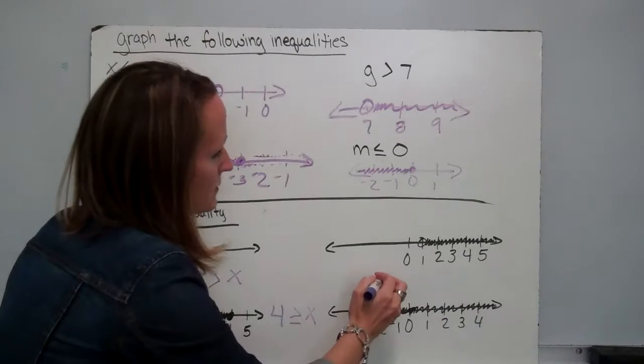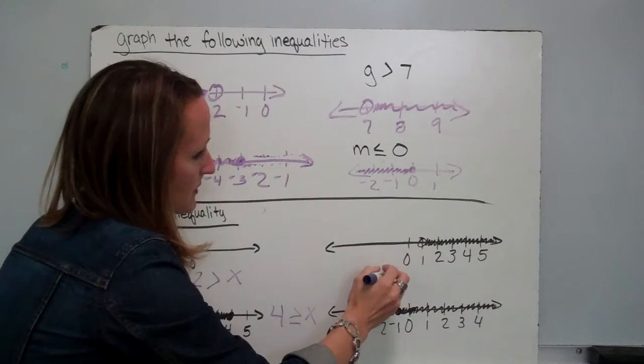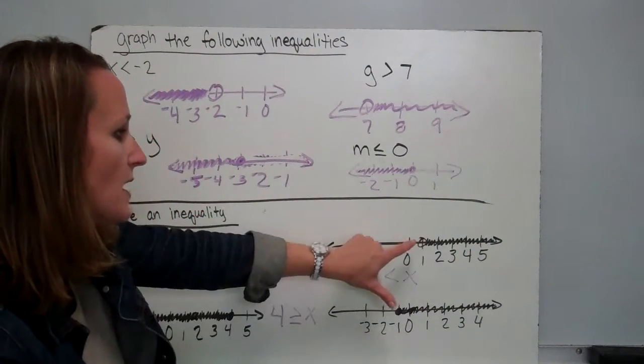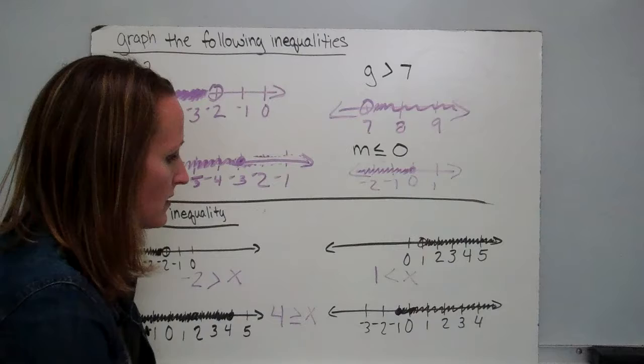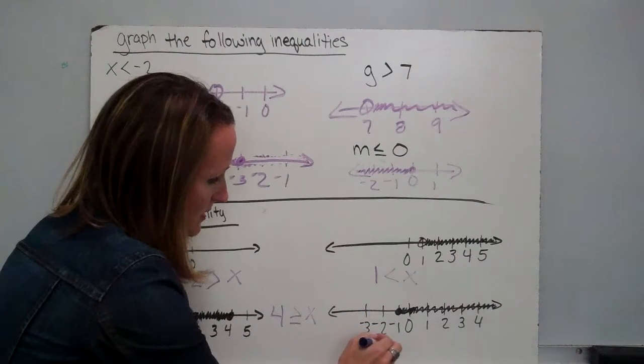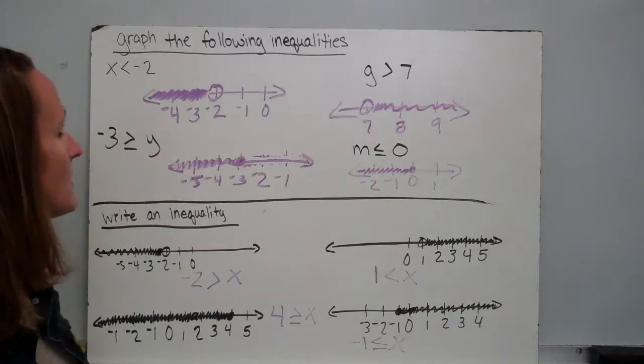Here we have 1 is less than x, and it was an open dot, and we're shading everything above that. Here we have negative 1 is less than or equal to x, because everything greater than that is shaded.